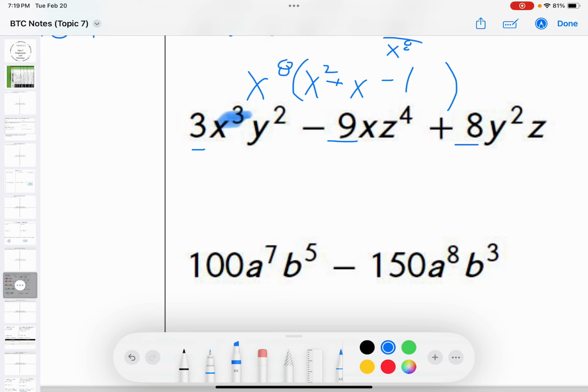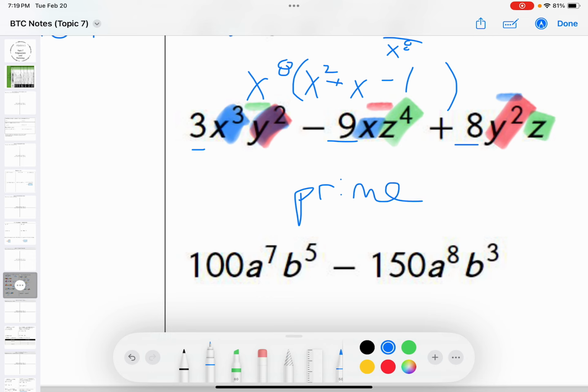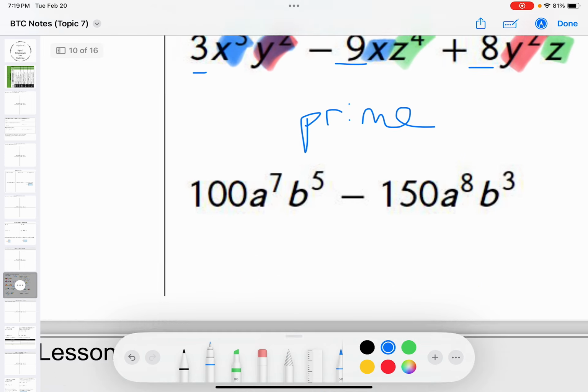Now, variables, I've got x's and x's, but no x over there. I've got y's and y's, but no y there. And I've got z's and z's, but no z there. So, again, a lot of pieces, but this is prime. Can't be factored. The only thing that you could factor out there would be a 1, and again, we won't do that.